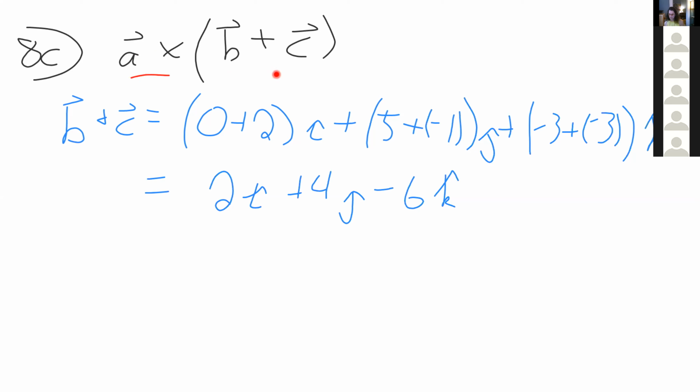If you flip the order, you'll flip the signs, and Wiley will not appreciate that. So my A vector has components 0, 1, and -4. And my B plus C vector has components 2, 4, and -6.